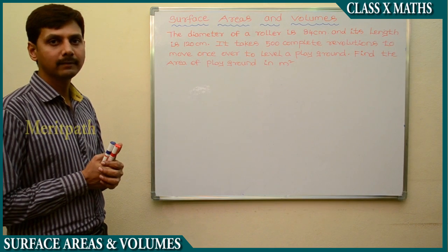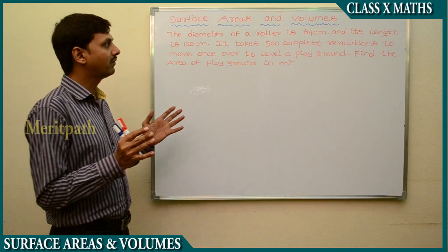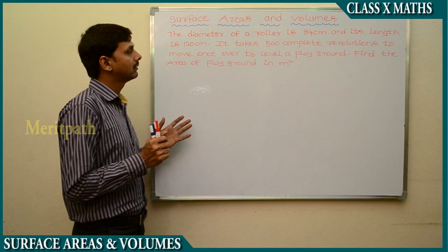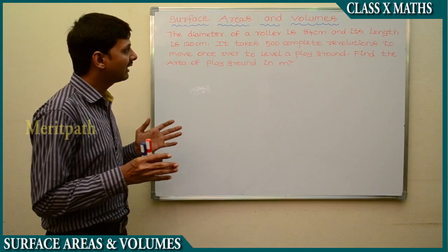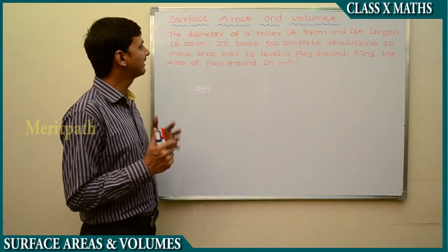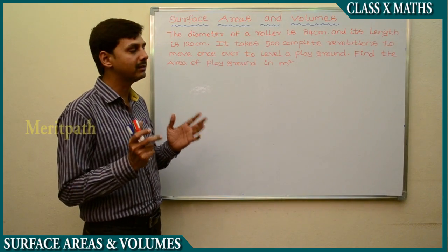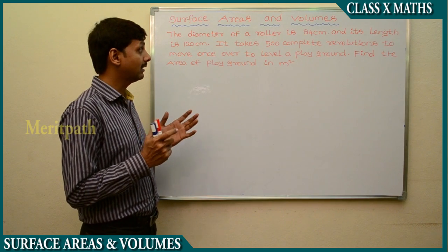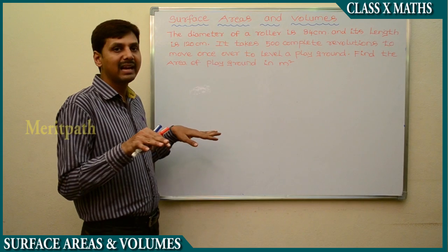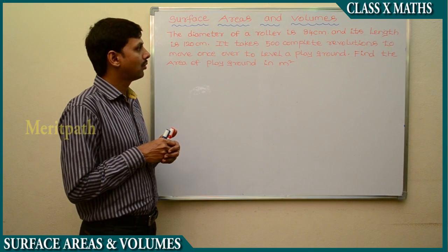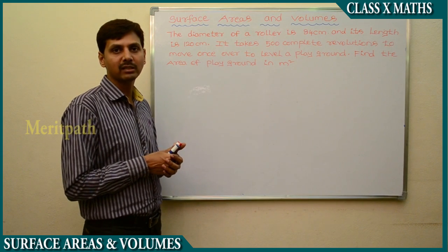So let's recall: the diameter of a road roller is 84 centimeters and its length is 120 centimeters, and it takes 500 complete revolutions to level a playground. Find the area of the playground in meters square.